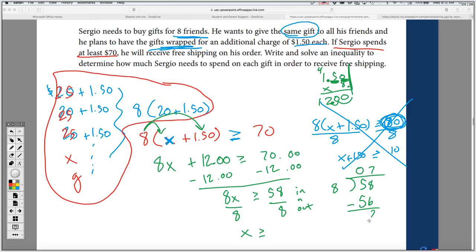There's no 0 yet, so we got to put decimals. Zeros. Okay, bring down the 0. 8 goes into 20 how many times? 2. 8 times 2? 16. What is 20 minus 16? 4.